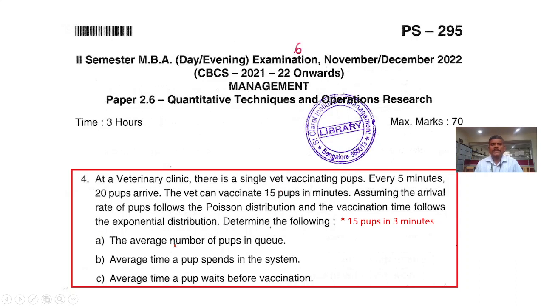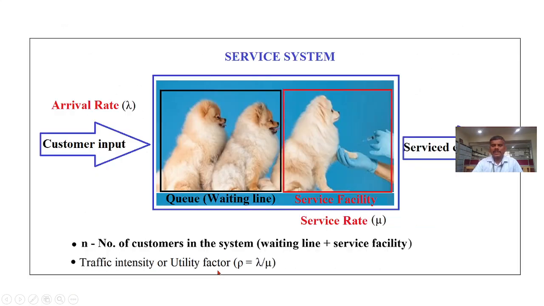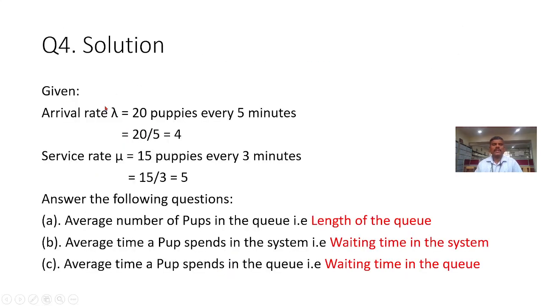We are to find the average number of pups in the queue, the average time a pup spends in the system, and the average time a pup waits in the queue. Given arrival rate lambda is equal to 20 puppies every 5 minutes, which can be written as 20 by 5 and the value is 4.